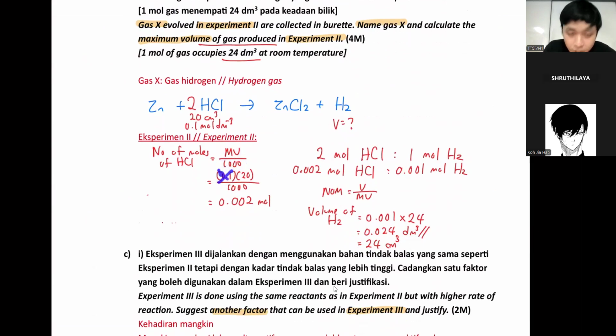Here you get 0.004 more, which also means you will get 0.002 more of H2, and then you will get 48 cm cube. Am I right? So it means the graph ending will be different.